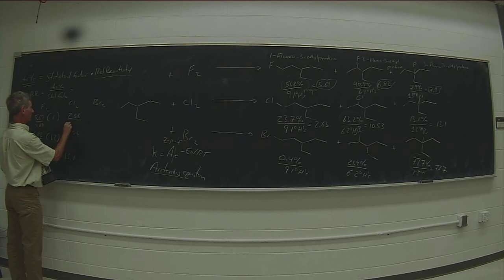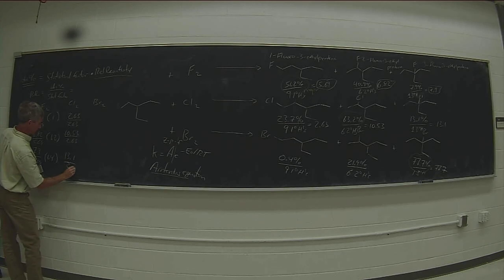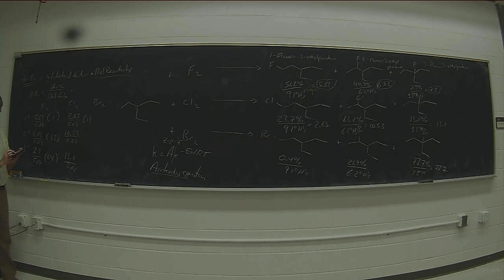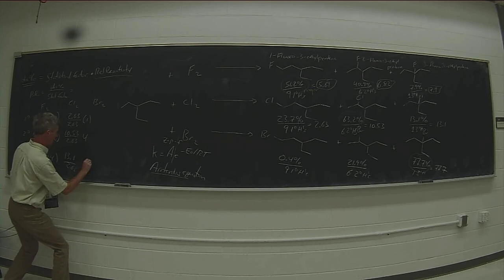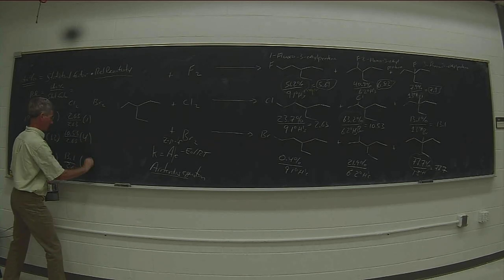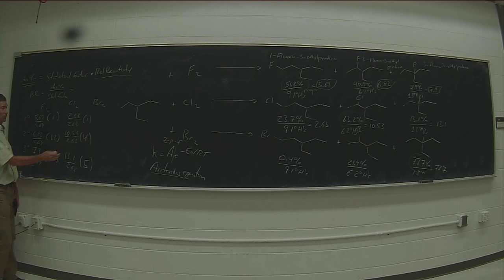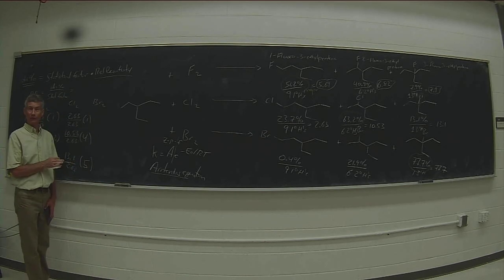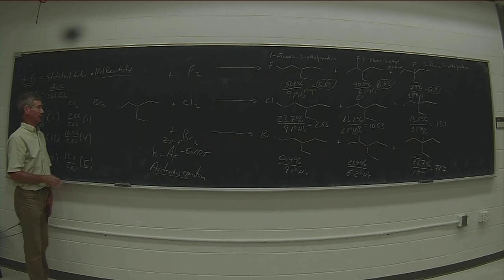And we want to divide those each by 2.63, so we normalize this to defining the primary as 1. And we get 4. And we get 5. So for chlorine, the chlorine radical is 4 times as likely to react when it hits a secondary hydrogen as when it hits a primary hydrogen, and the tertiary hydrogen is 5 times as likely to react when the chlorine radical hits it as the primary hydrogen.